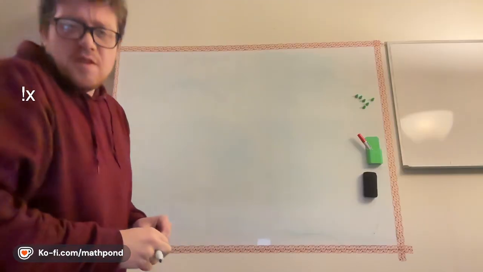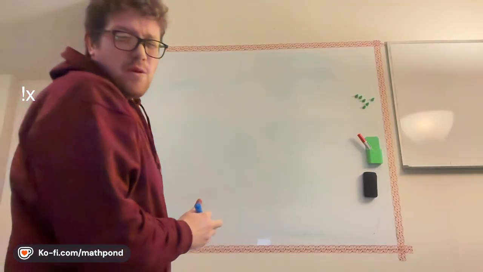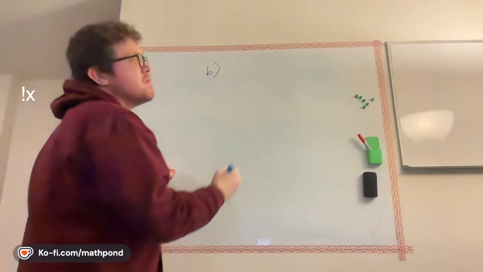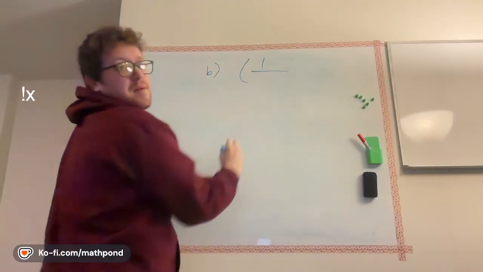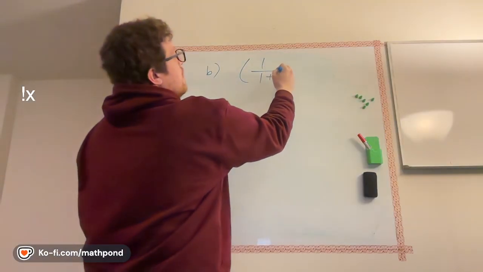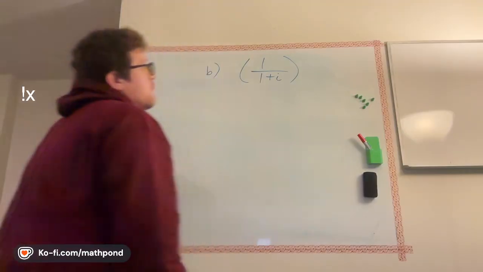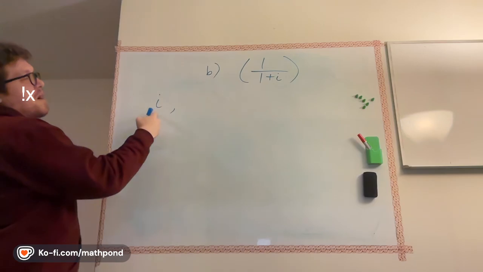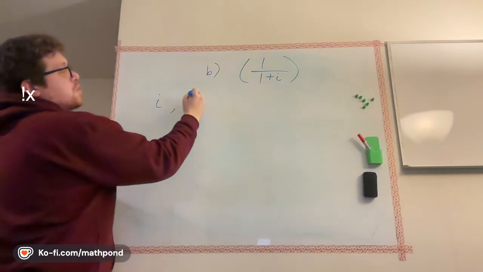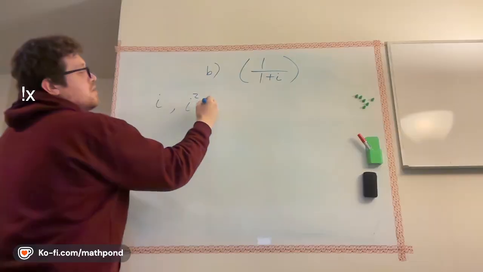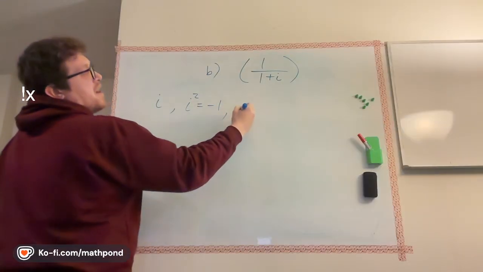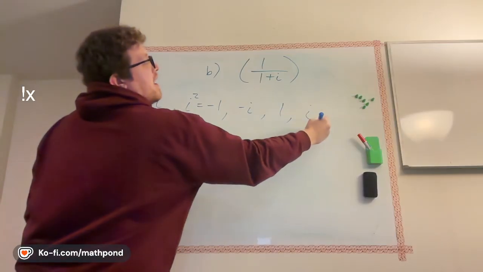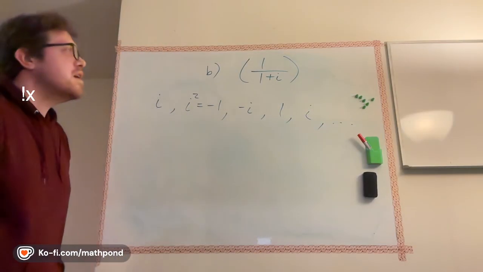Okay, so the problem is 1 over 1 plus i to the 14th power. So this is a complex analysis problem. We have complex numbers, we have powers of complex numbers, and one of the things maybe that's useful to know is that you have this pattern where you take the powers of i: i squared is -1, you multiply by i again, you get -i, it goes back to 1, i, and it just keeps repeating like that.